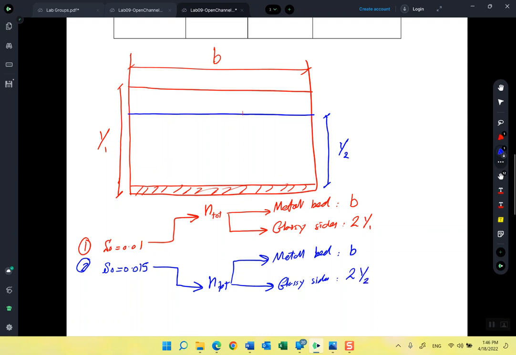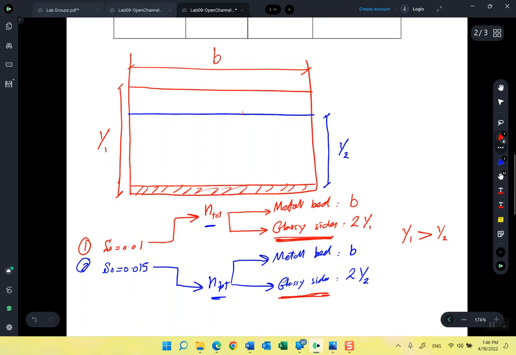So changing the contribution of each side will actually affect the total n. No one can say that the total n for the second scenario will be the same as the first scenario. Why? Because here we already know that y1 is larger than y2. So the contribution of the glass in the first scenario is higher than the contribution of the glass in the second scenario.